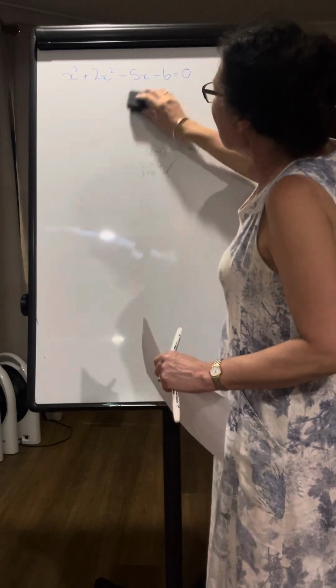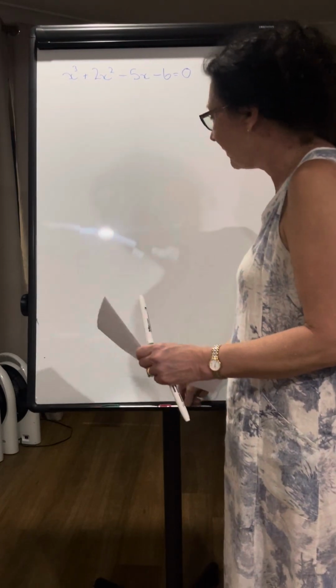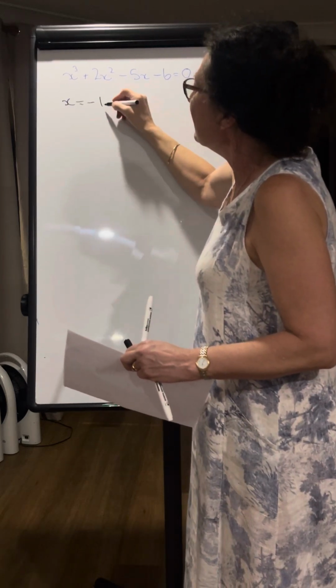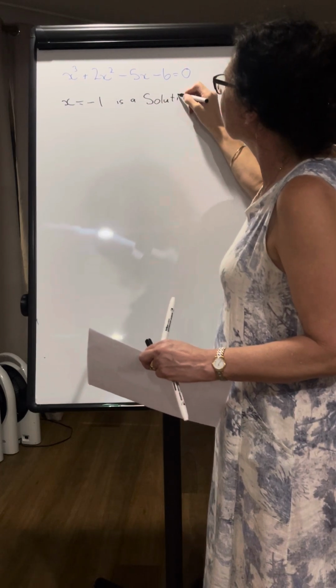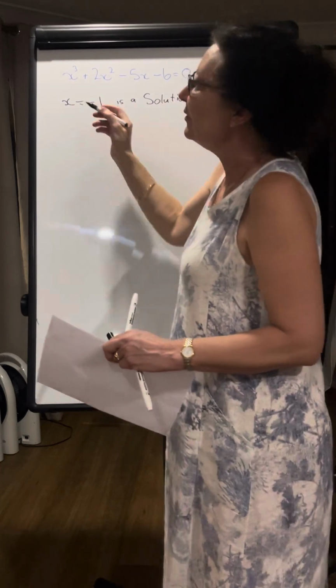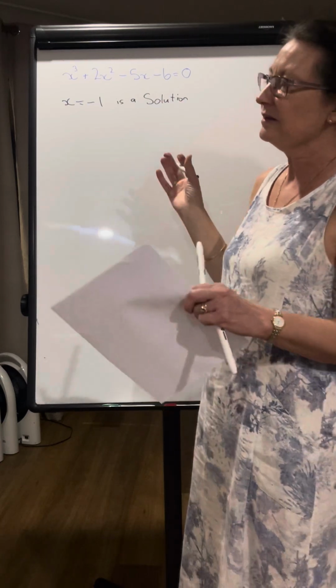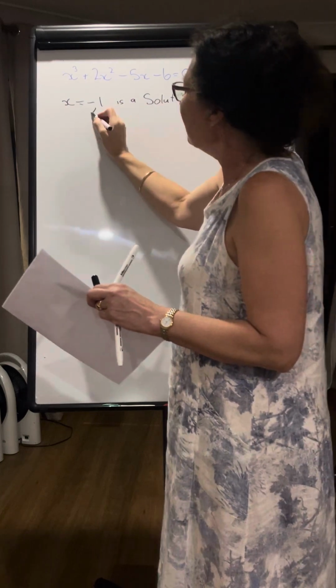Now this is where it comes in nicely, because now we can say that x equals minus 1 is a solution. Like we do when we do our x minus 1 bracket x plus 1 equals 0, we bring this to that side.